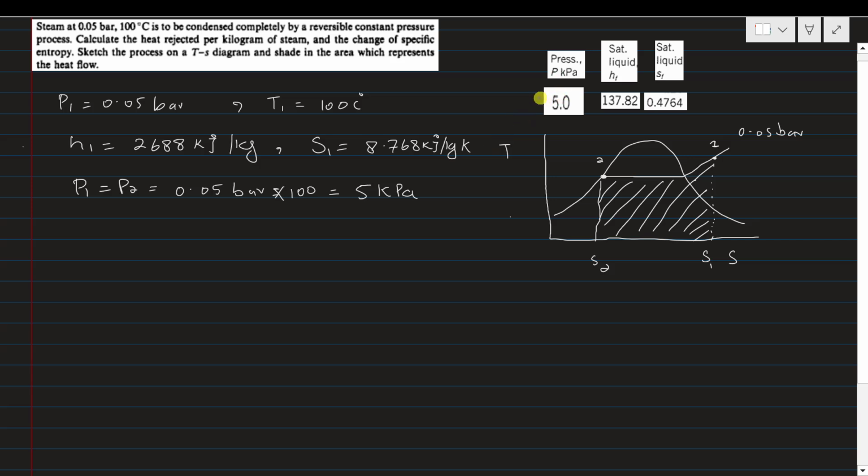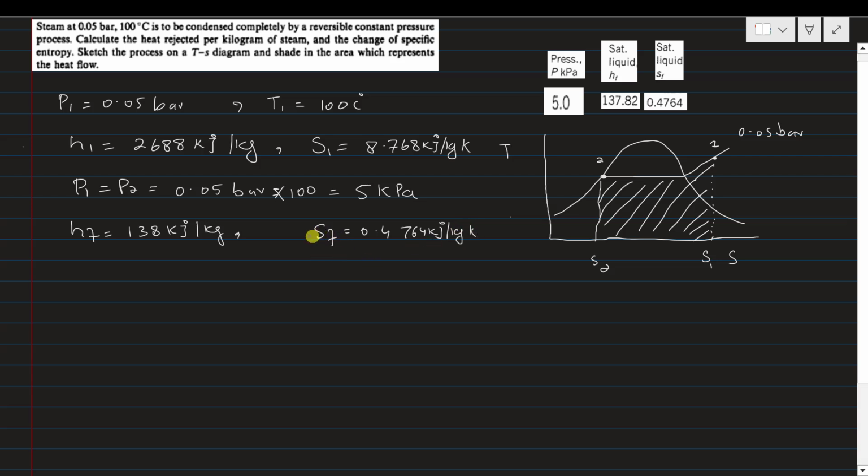So at 5 kilopascal, from the saturated steam table, you get the hf value equal to around 138 kilojoule per kg, and remember this hf value. The next is the sf value, that is 0.4764 kilojoule per kg Kelvin.